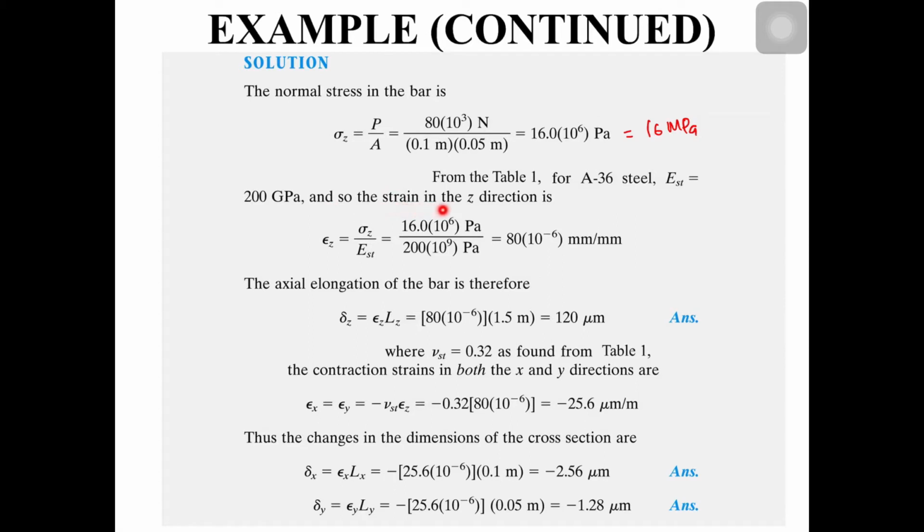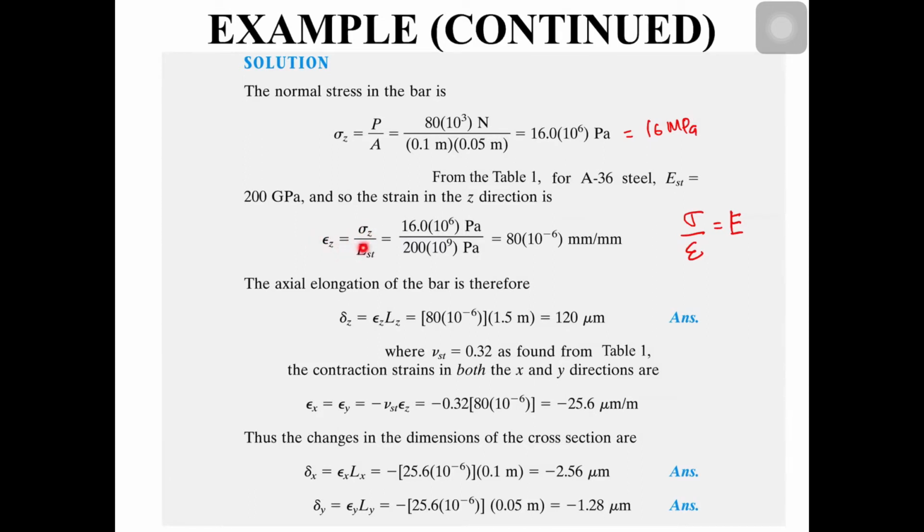And so the strain in the z direction, you use this equation. Remember from our previous lecture, sigma over strain is equal to E, so sigma over E is also equal to strain.